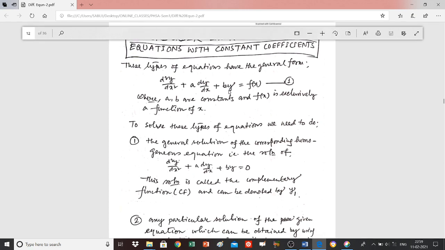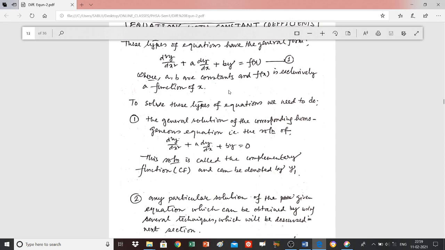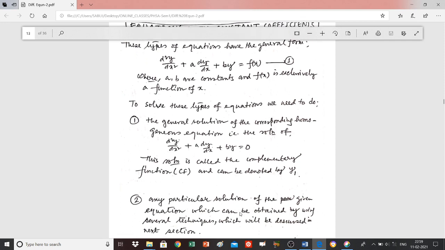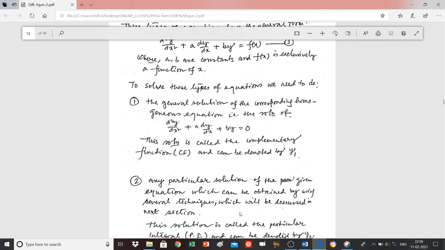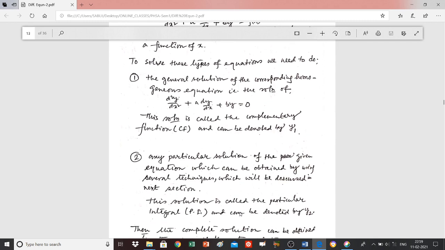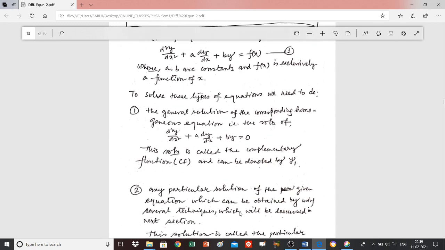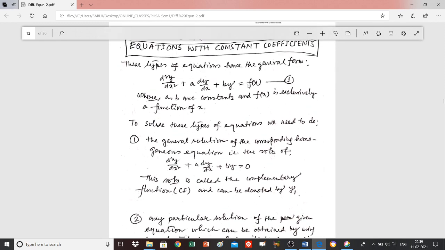After that, the second part is to find any particular solution of the given equation, which can be obtained by several methods that will be discussed in the next few slides. And this solution is called the particular integral. So two things we have to do. First one is to equate the left hand side to 0, and from there find out the complementary function.